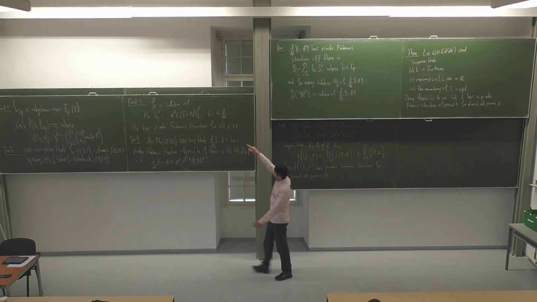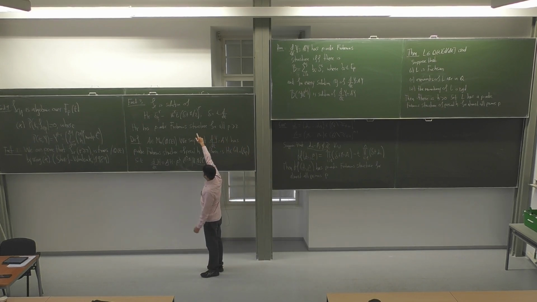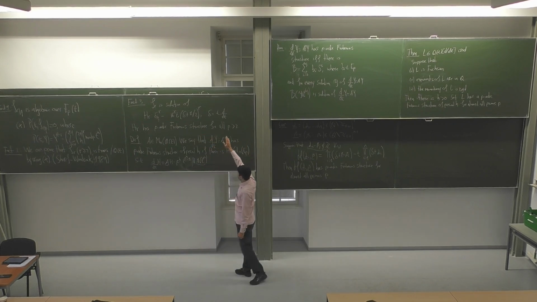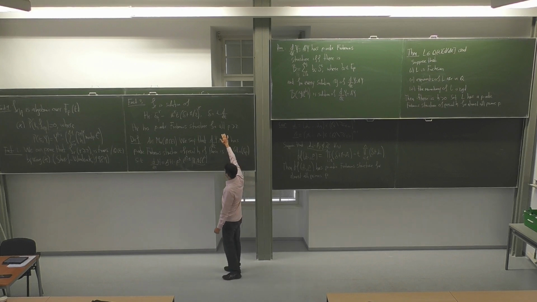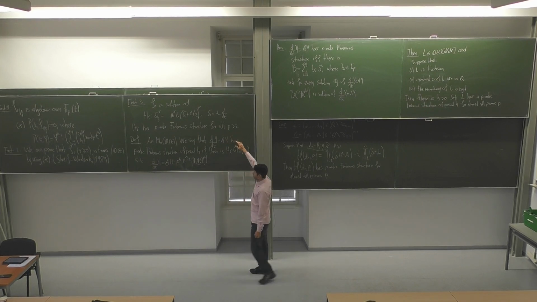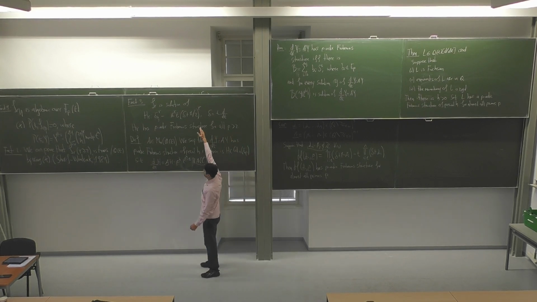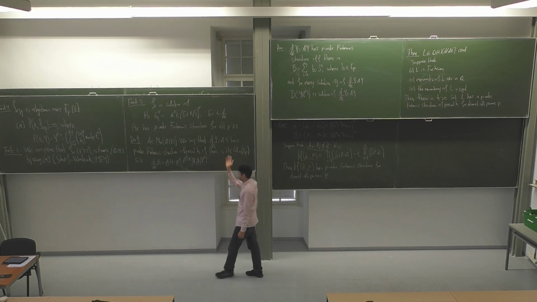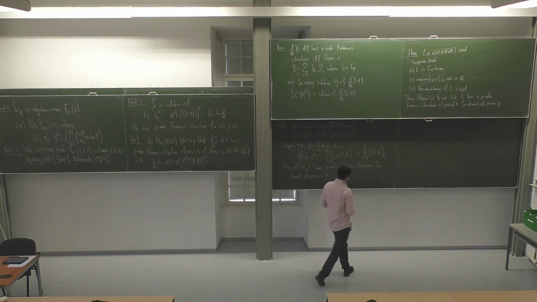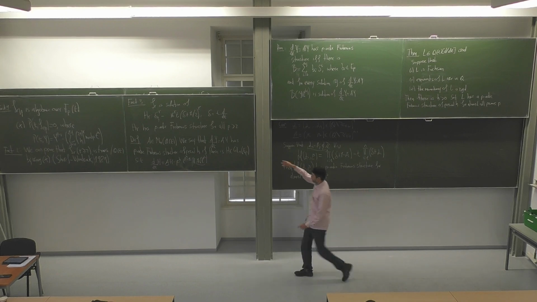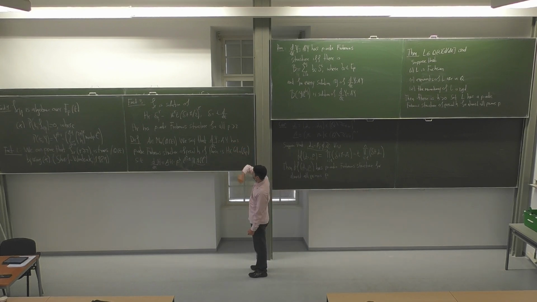In this particular case, this operator has Frobenius structure for all prime numbers P bigger than 2, because 2 is the only P that appears in the denominator of the alphas. And also the period in this particular case is 1.